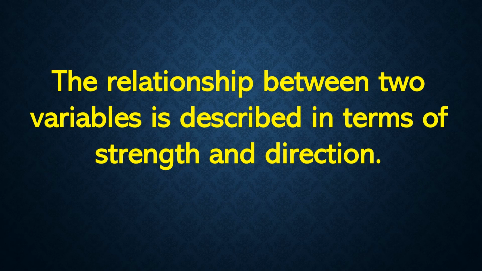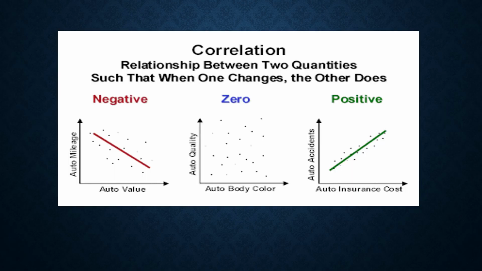Now, the relationship between two variables is described in terms of strength and direction. This is an illustration of the relationship between two quantities representing direction. For negative, as you already know, this is the x-axis and this is the y-axis. As x increases, the value of y decreases.